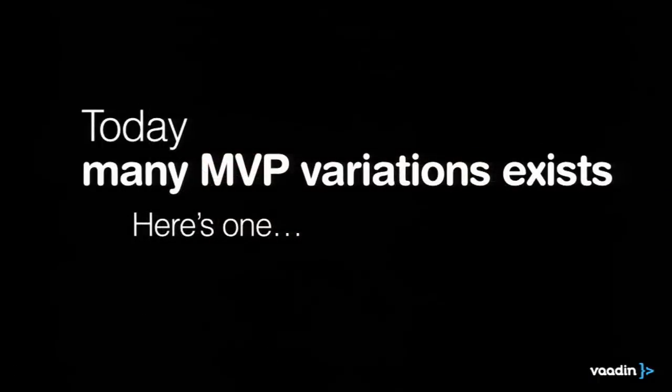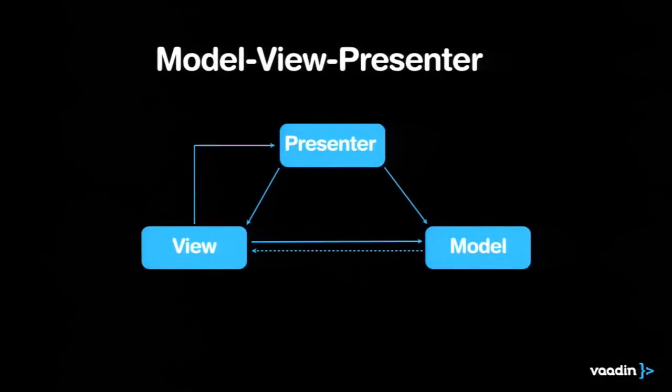Well, there are many variations of MVP available. Here's the most common one, the triad, where the presenter tells views what to do, views tell the presenter that some event has occurred, and the presenter might update a model that the view renders.